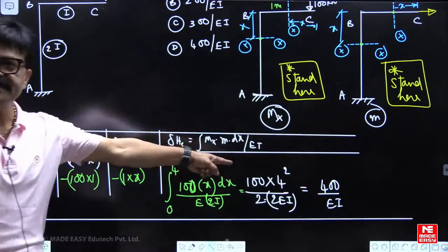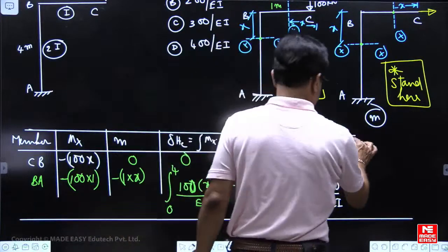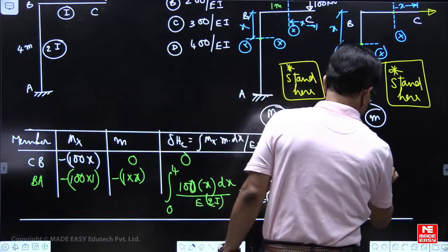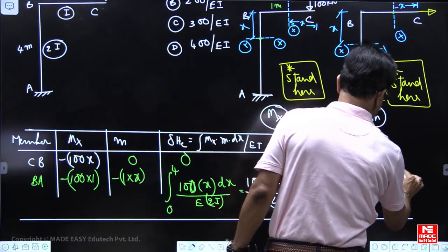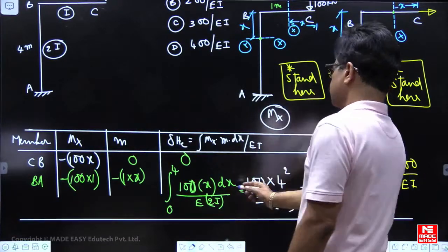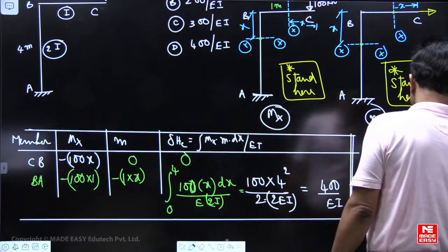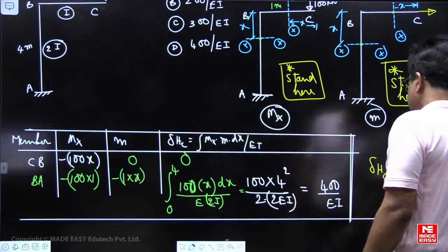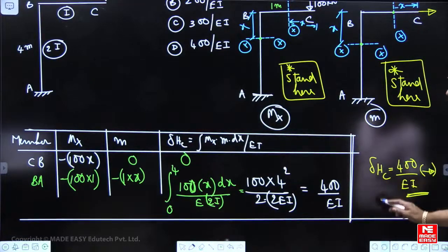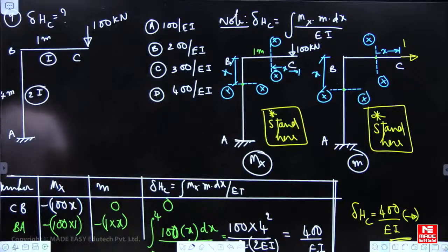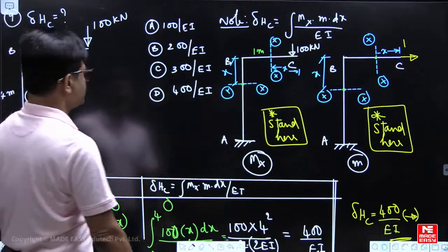So delta HC is 400 by EI. You are getting a positive sign, that means right side. So 400 by EI. So D is the answer.